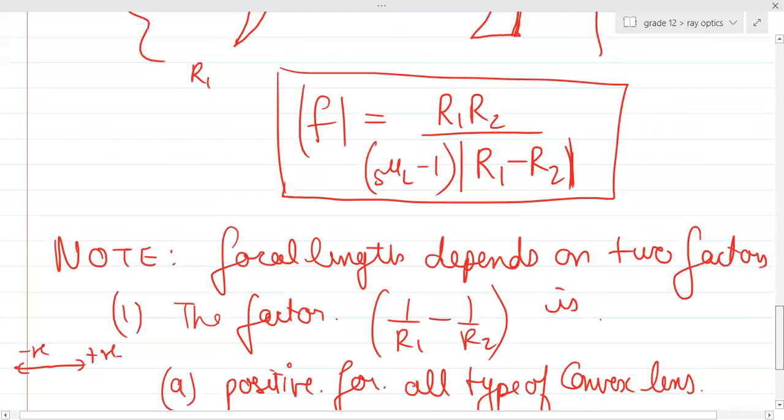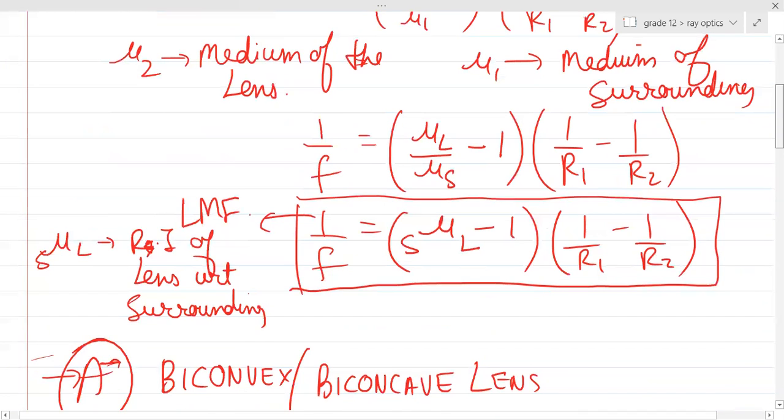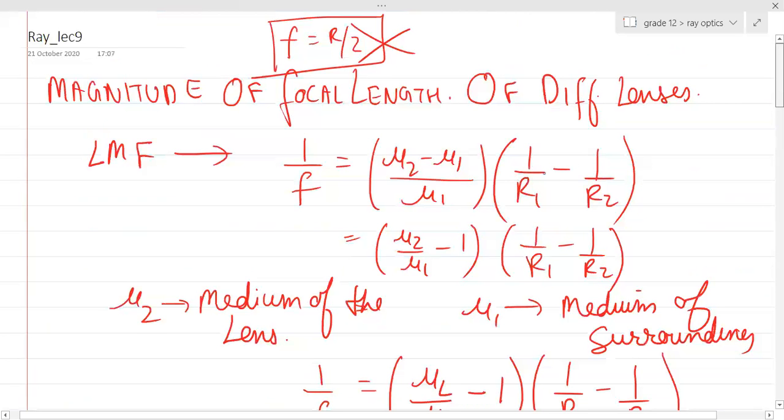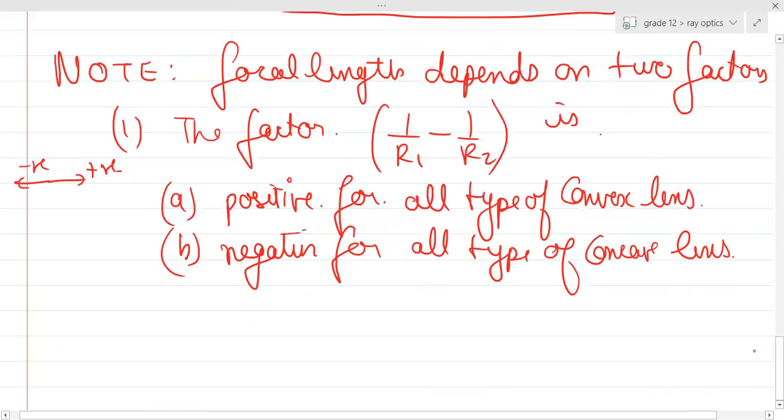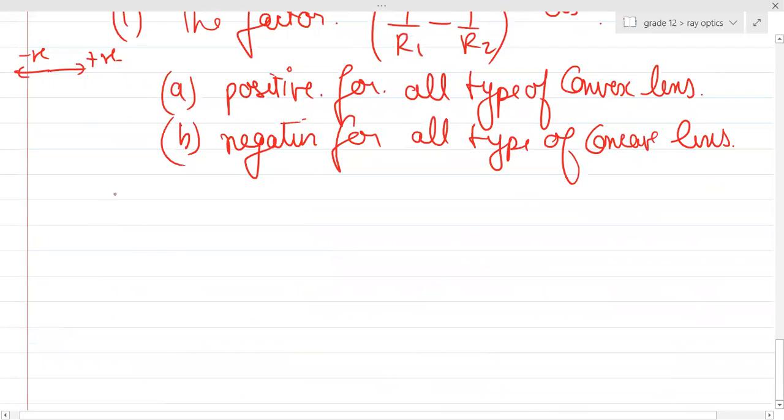Can you see over here? This is basically the formula. Shall I explain how? Okay, it's fine, guys. See, as an example, if I give you a biconvex lens, then can you see R1 is positive and R2 is negative, right?